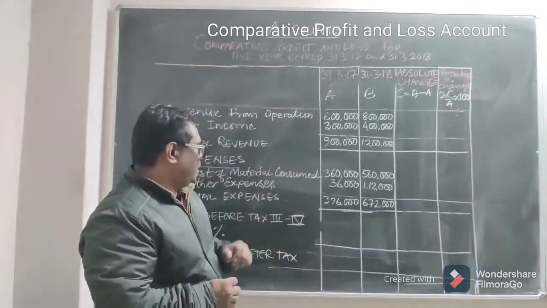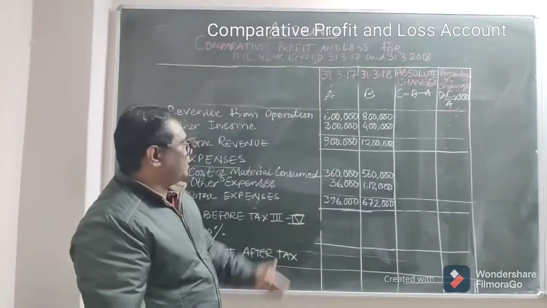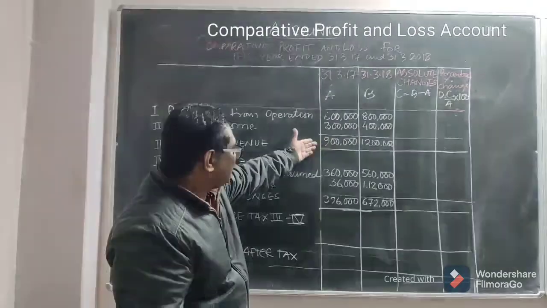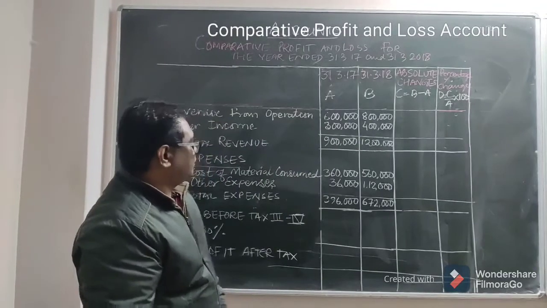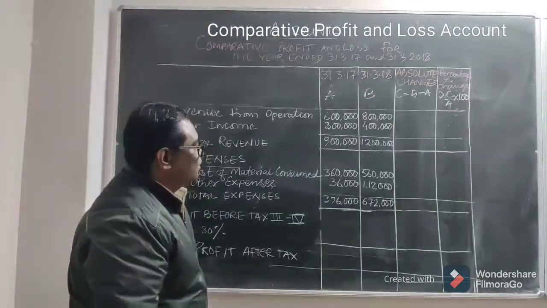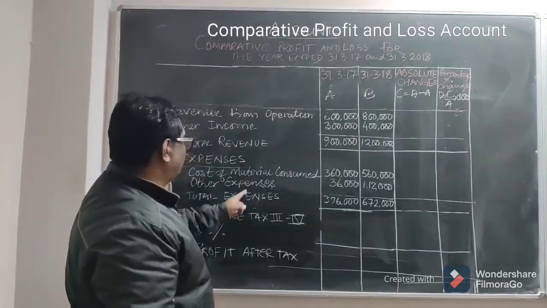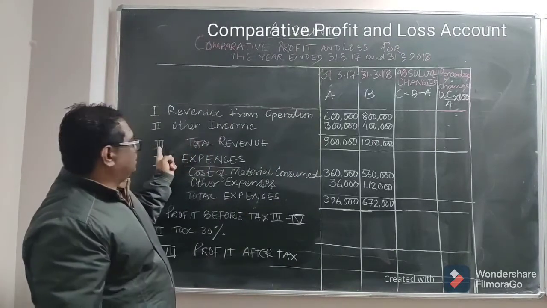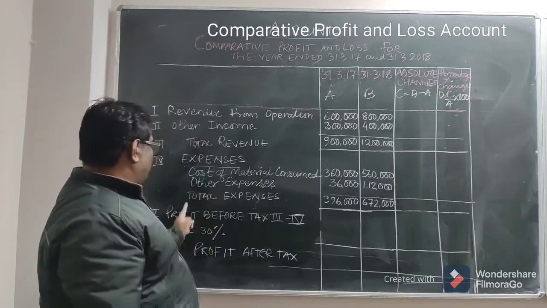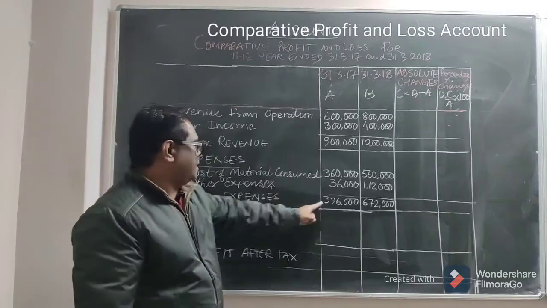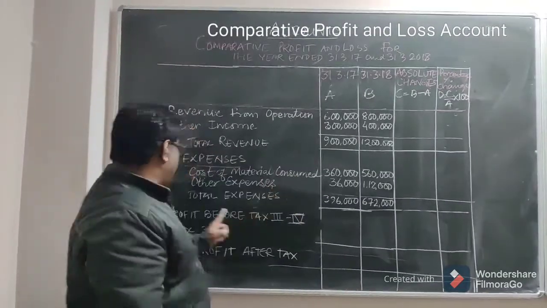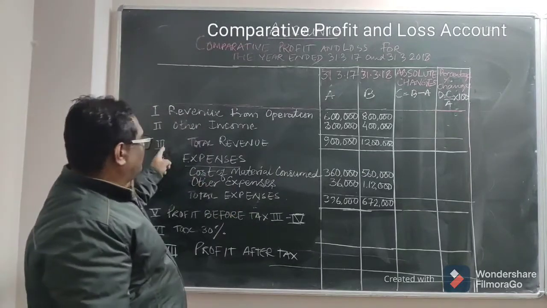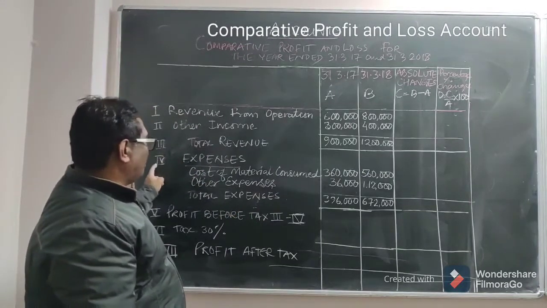Now from here we can get the profit: 9 lakhs minus 3,96,000. Total expenses here are 3,96,000 and total revenue is 9 lakhs. That means profit before taxes will be column 3, total revenue, minus column 4.